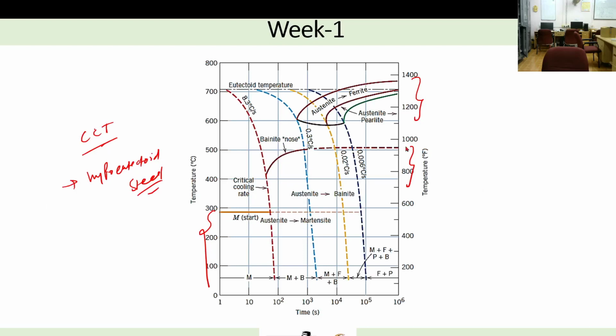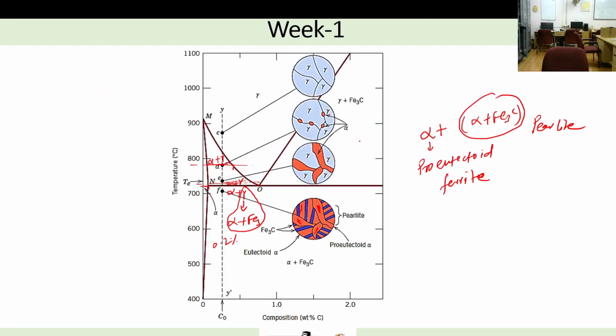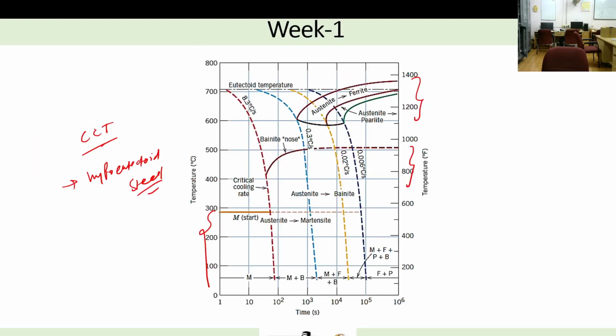So this is a hypo-eutectoid steel. Let's say you are cooling it from a higher temperature, about 727, to a lower temperature region. Once you cross this upper critical temperature, what will happen? Here you can see, once you cross the upper critical temperature, the pro-eutectoid ferrite, alpha, will nucleate, and gamma will decrease while alpha increases.